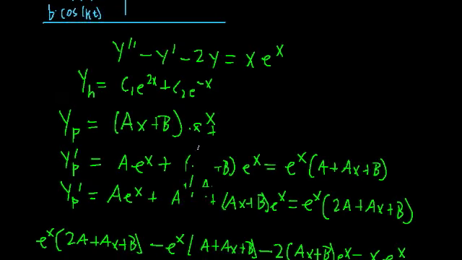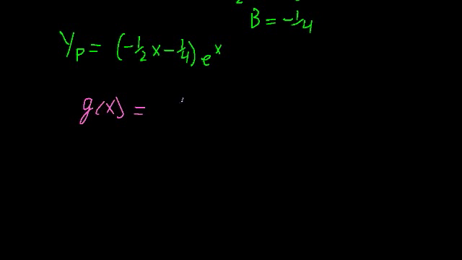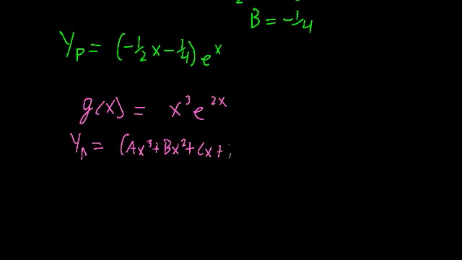Likewise, let's just do one quick example. Let's not solve it, but if g of x was x cubed times e to the 2x, then we should probably guess that yp is equal to ax cubed plus bx squared plus cx plus d, times e to the 2x.